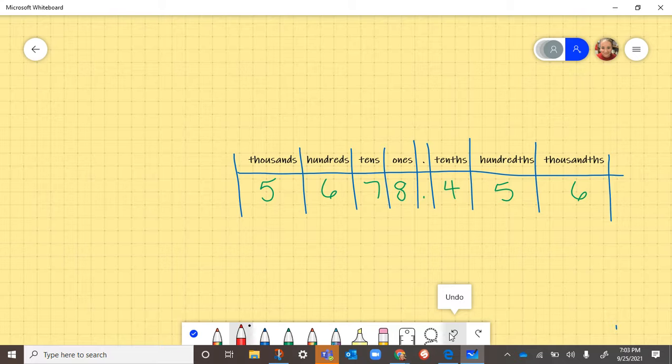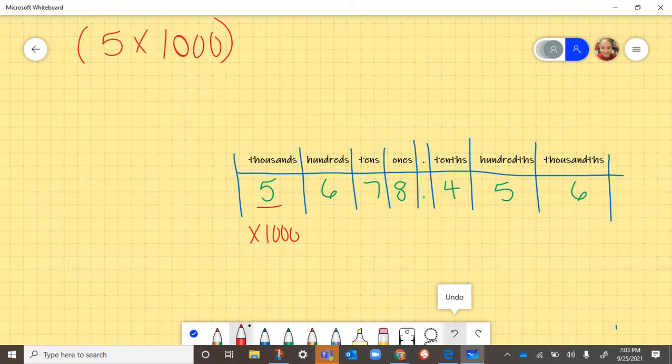So the first digit is the number 5. So I'm going to take my parentheses and I'm going to put the digit 5 and I'm going to multiply it by the place that it's in. So everything in the thousands place, we're going to multiply it by 1,000. So I'm going to say 5 times 1,000.